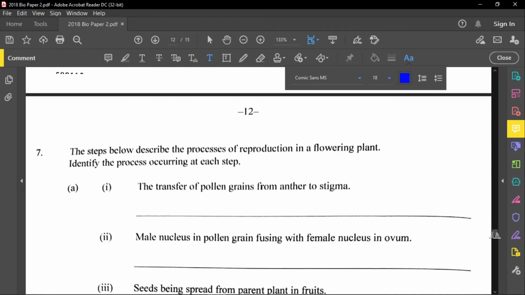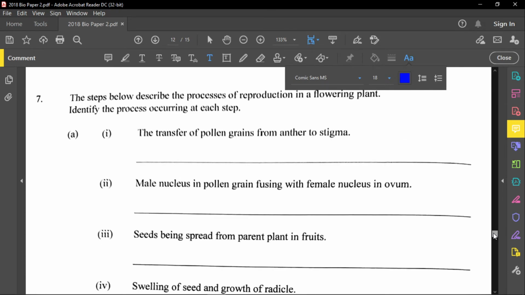So here now, option A1: the transfer of pollen grains from anther to stigma. So the pollen is going to move from anther to stigma. This is actually pollination, and you can see my pollination lesson. Part 2 is a male nucleus in pollen grain fusing with female nucleus in ovum.